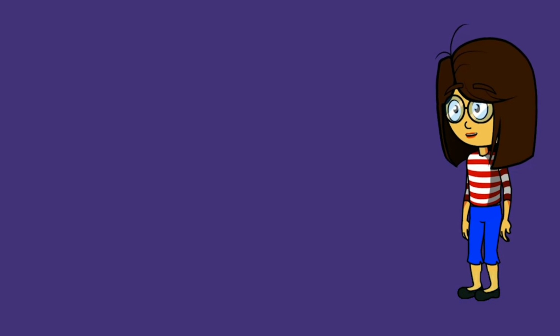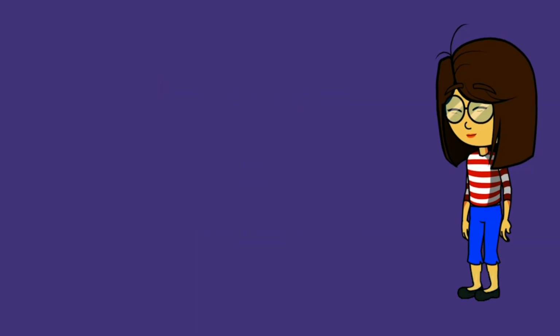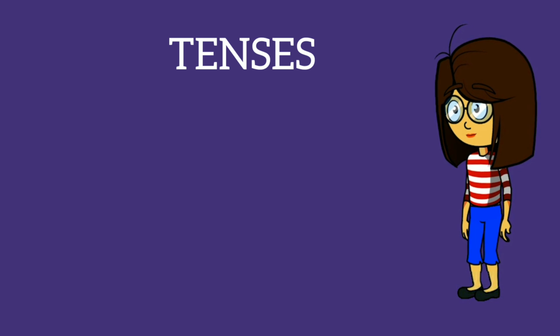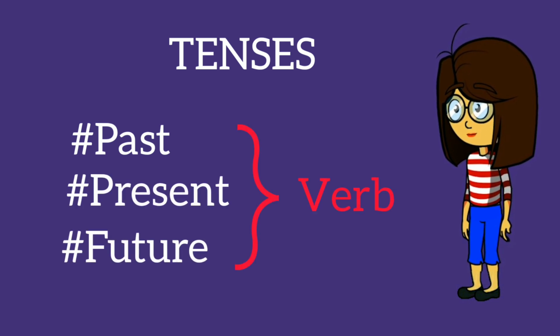Come to know what are be verbs and root verbs. Then it's time for you to learn tenses. In order to express the actions of the past, present and future, the verb is used to indicate the tenses.